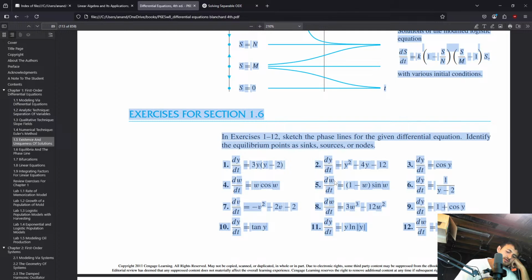Okay, at 0, f prime of 0. The way to think about f prime is that f prime is going to have zeros at our equilibrium solutions, because that's where f is 0.